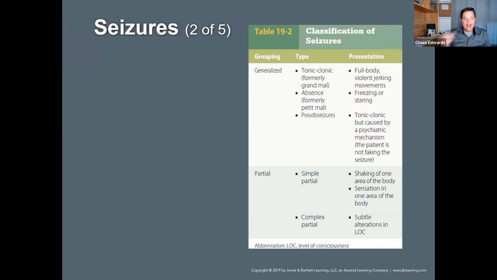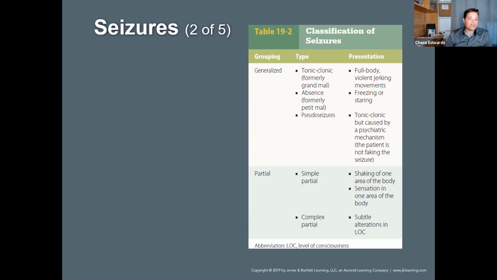What you also may have is partial seizures. Simple partial seizures involve sensations of one part of the body when originating in the frontal lobe. It involves altered sensations in one part of the body when originating in the parietal lobe. It may stay in one body part, or spread from one part to another in a wave.